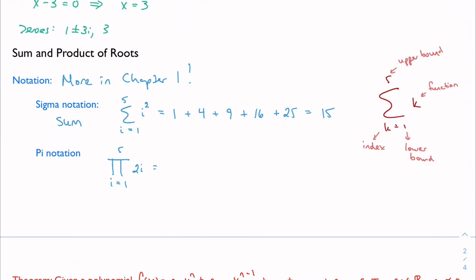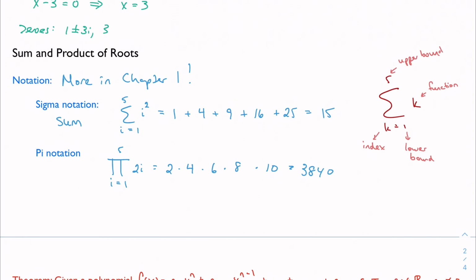So my first term is going to be 2 times 1, and then 2 times 2, and 2 times 3, and 2 times 4, and 2 times 5. And then I would just multiply those all together, so I get, oh geez, 8 times 6 is 48, times 8 is 384, times 10 is 3,840, I think. I kind of put myself on the spot there by mistake.